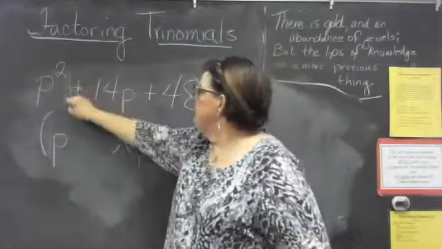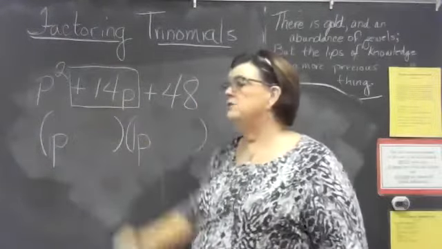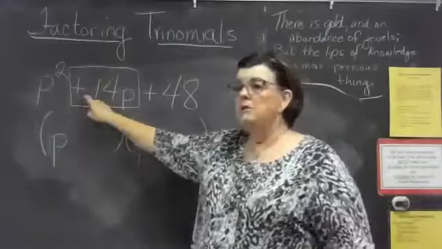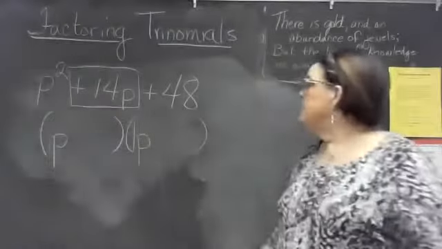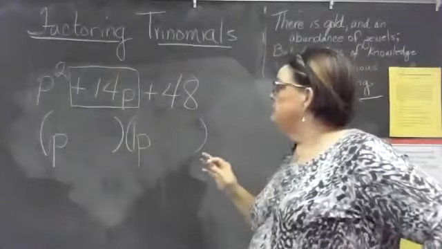Okay, we're going to ignore this for a minute. This comes in our last step. Remember to include the sign because sometimes this is going to be a minus sign. All right, and then we look at the back and we say we need to know all the factors of this.